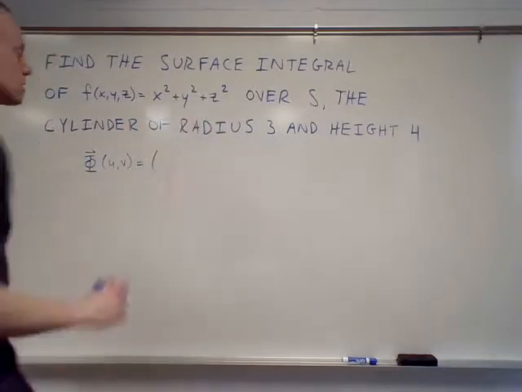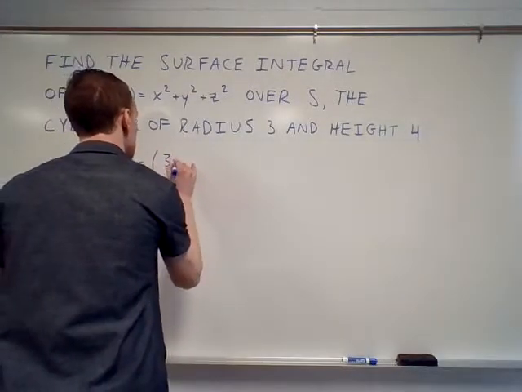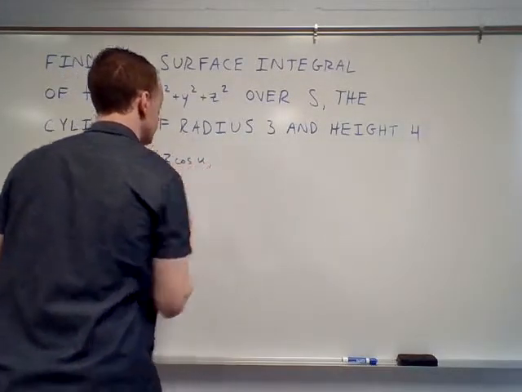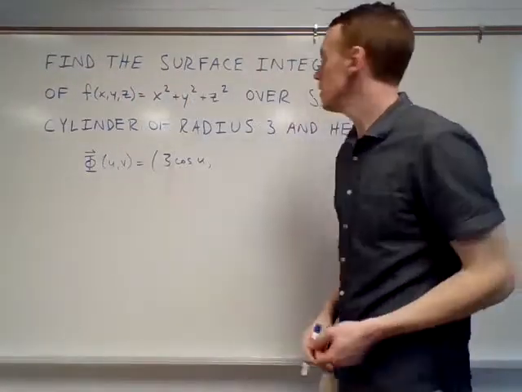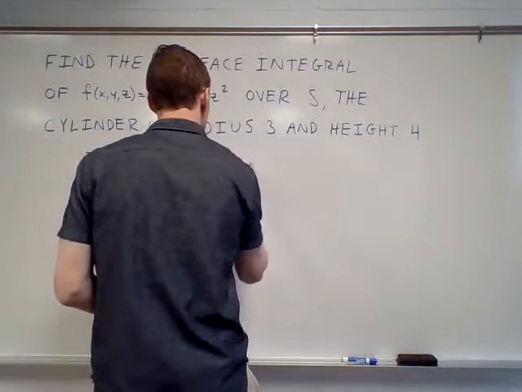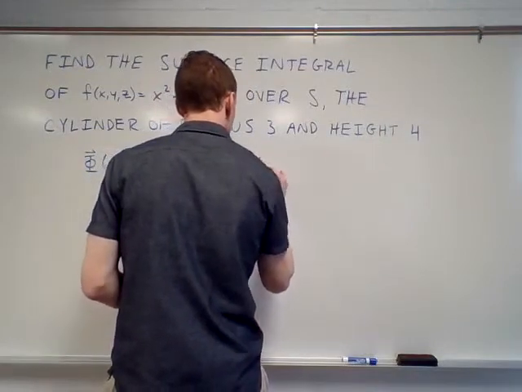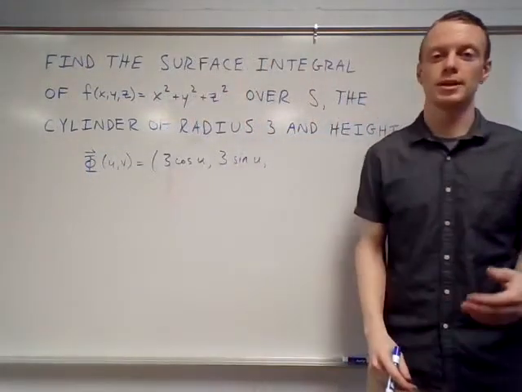So we're going to have 3 times the cosine of u. Your y component is 3 times the sine of u. And then your z coordinate is just v.